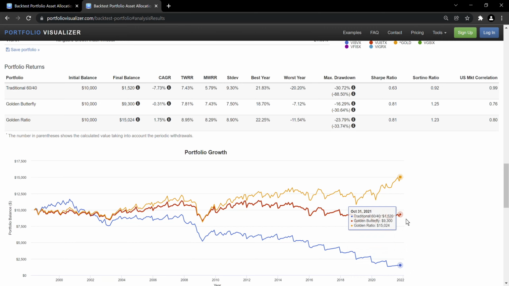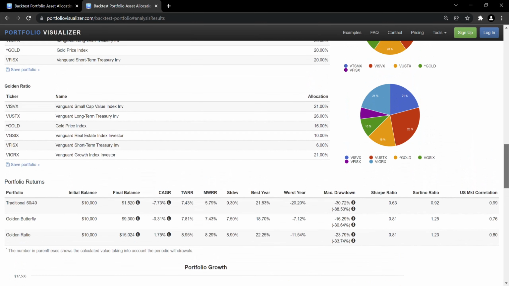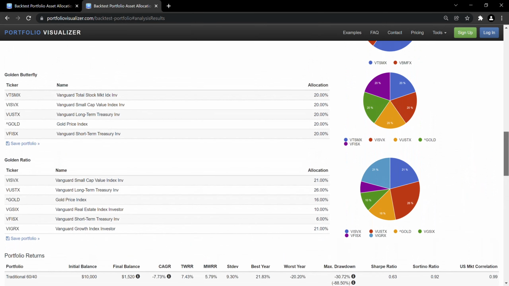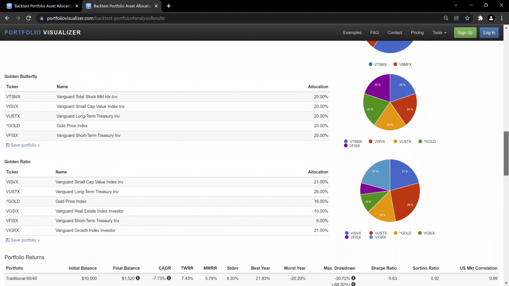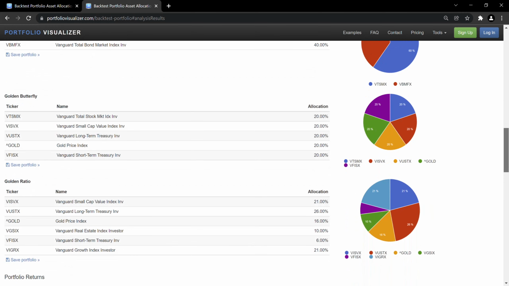The golden butterfly is surviving, and the only one that's actually above water with this is the golden ratio. But this gives you a very good idea when you're thinking about portfolios and comparing portfolios, that allows you to swap in and out of various assets to make these comparisons.